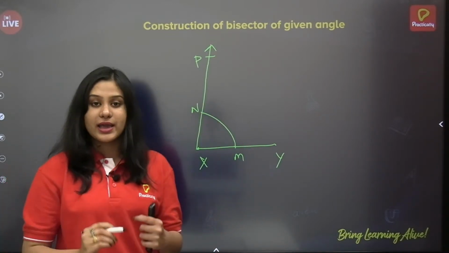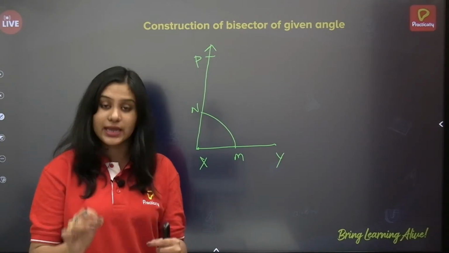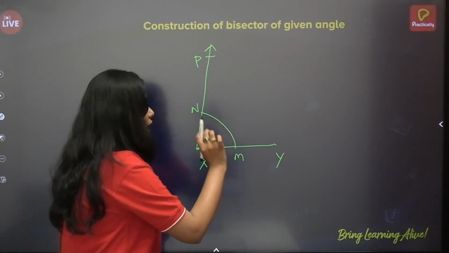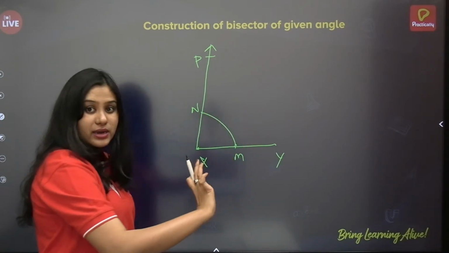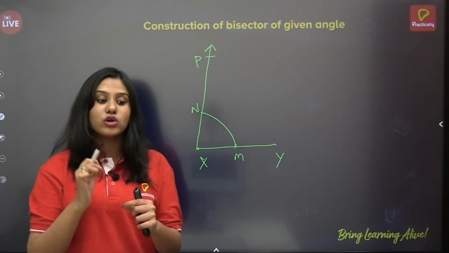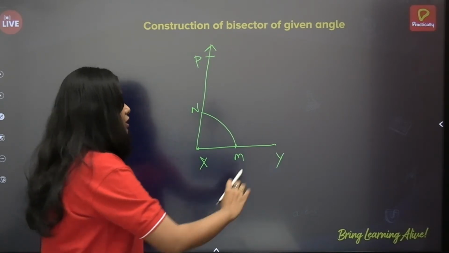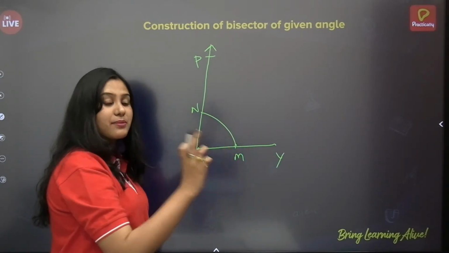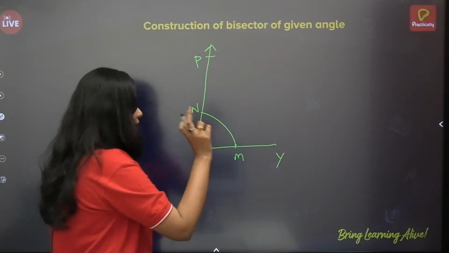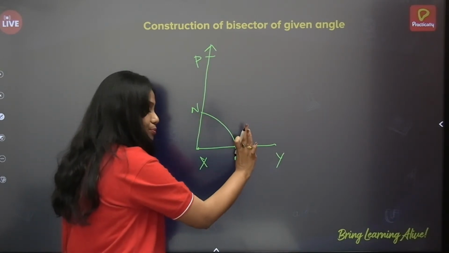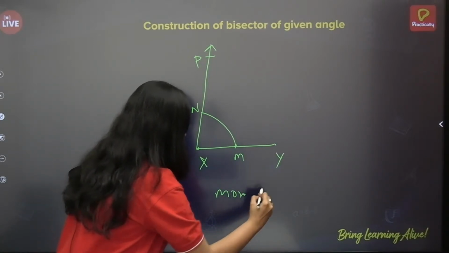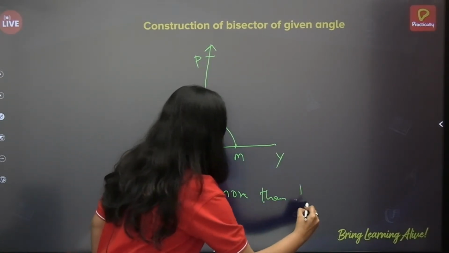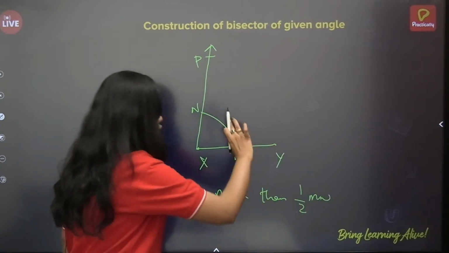Okay, again, whatever you are bisecting, always remember you have to take the radius more than half of MN. What do you have to take? More than half of MN. So with the compass, place your needle of the compass at point M. Take more than half MN, so somewhere here, right?